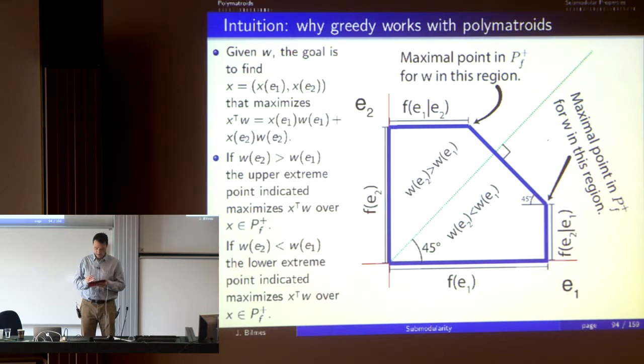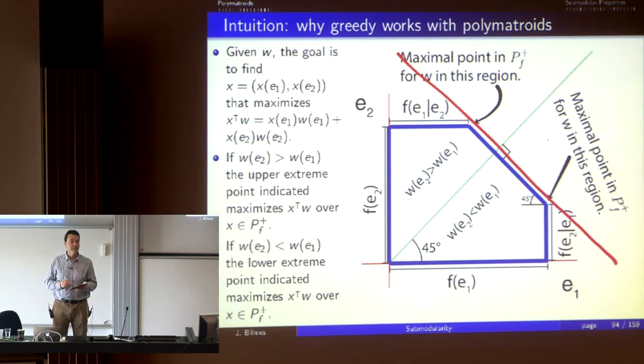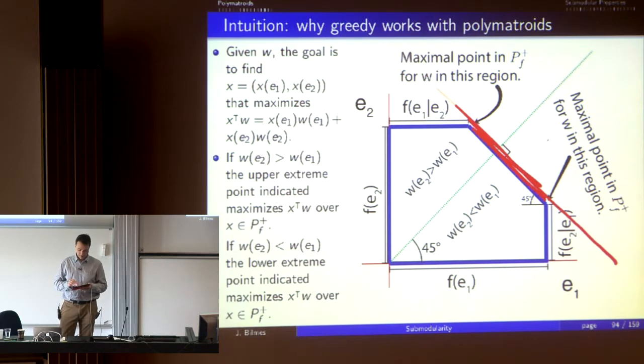And then similarly, this one is shorter than this one, which is also guaranteed from the submodularity property. But then we also have, from the definitions of these things, that this is going to be guaranteed to be a negative 45 degree line. This, by the way, is called the base of the polymatroidal polytope.